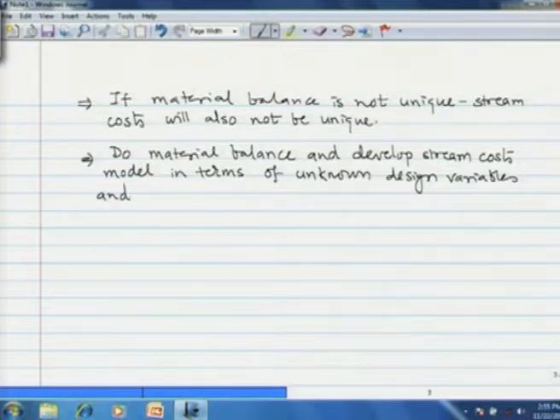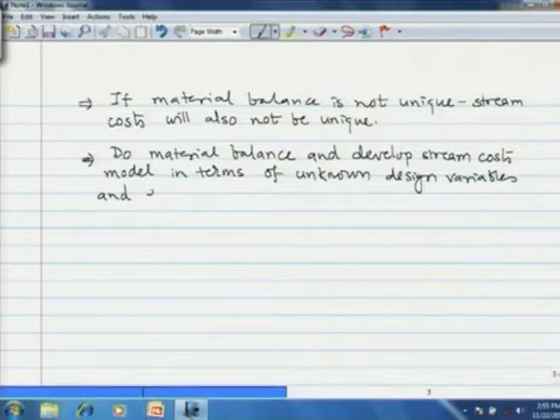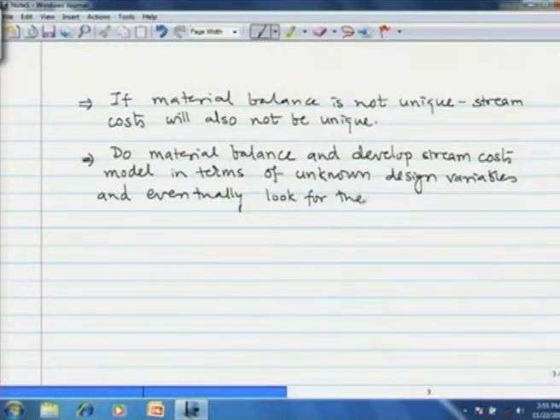And once we develop such a model, then we have to do the optimization studies. It is eventually a look for the economic optimum values of these variables.